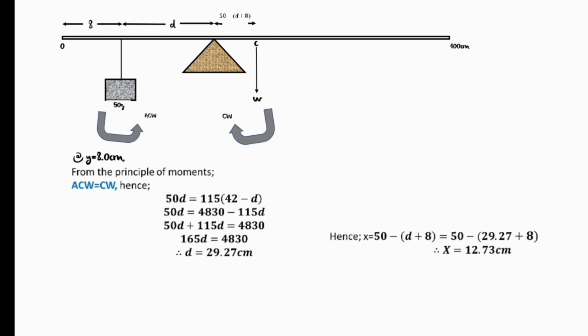So in this case, let's simplify this. Simplifying it all through, we have that d is equal to 29.27 centimeters. And once we've gotten that, we go ahead to evaluate the value of x, which gives us 12.73 cm. Now, once you've done that, we also fill in our table of values.